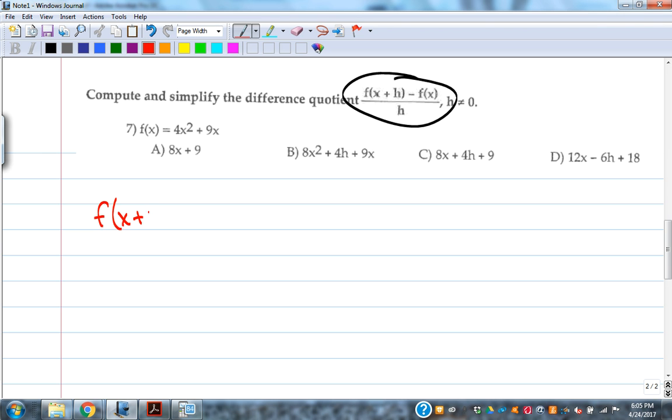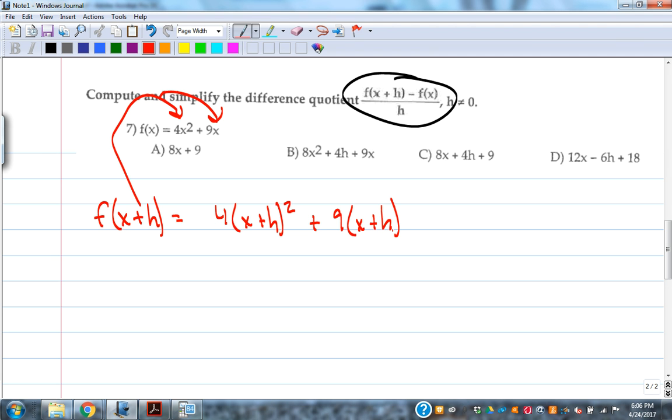So f of x plus h means we're replacing x with x plus h in that function. So that means take this and put it in for x in both places. So that'd be 4 times x plus h squared plus 9 times x plus h. Okay, we're going to work that out.